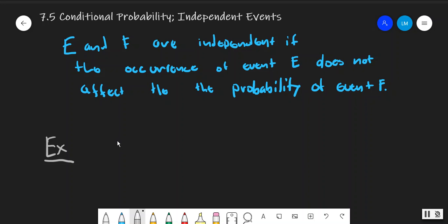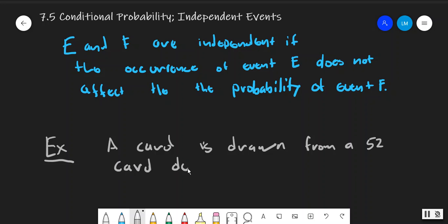Let's say that a card is drawn from a 52 card deck, and then a die is rolled.